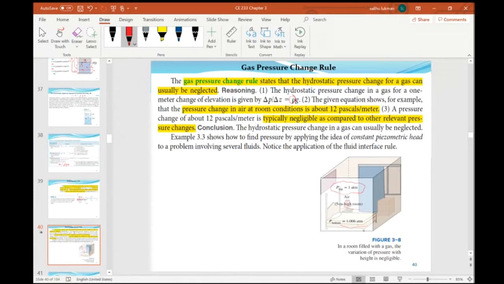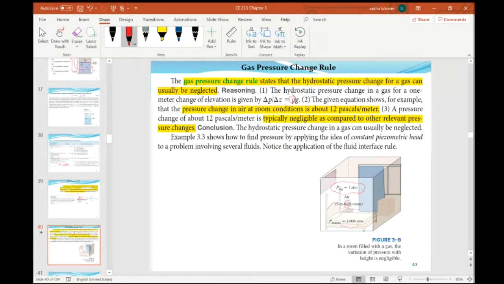So that is why the atmospheric pressure is considered constant on the surface of the earth. But when you go some kilometers, let's say 10 kilometers above the earth's surface, the atmospheric pressure may reduce to, let's say, 0.8 atmosphere, which is still not so much different from 1 atmosphere.